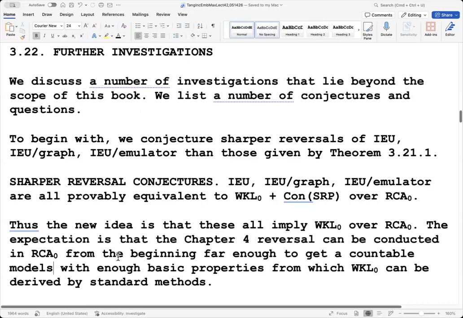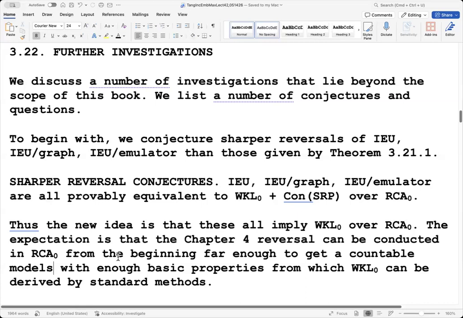Now, I guess I want to worry about this a little bit because actually, I don't quite believe this. I think this has to be modified because it seems like recursive WKL naught, every recursive infinite binary, infinite two tree has an infinite path.